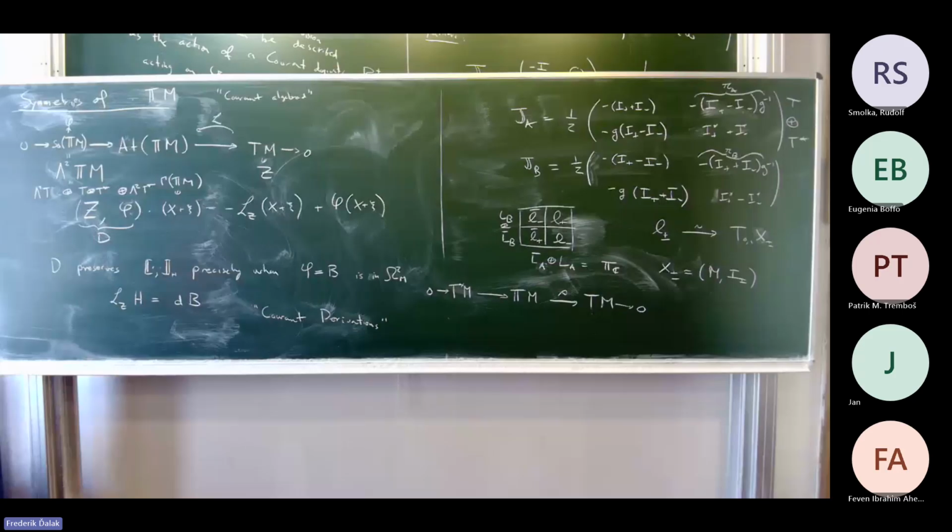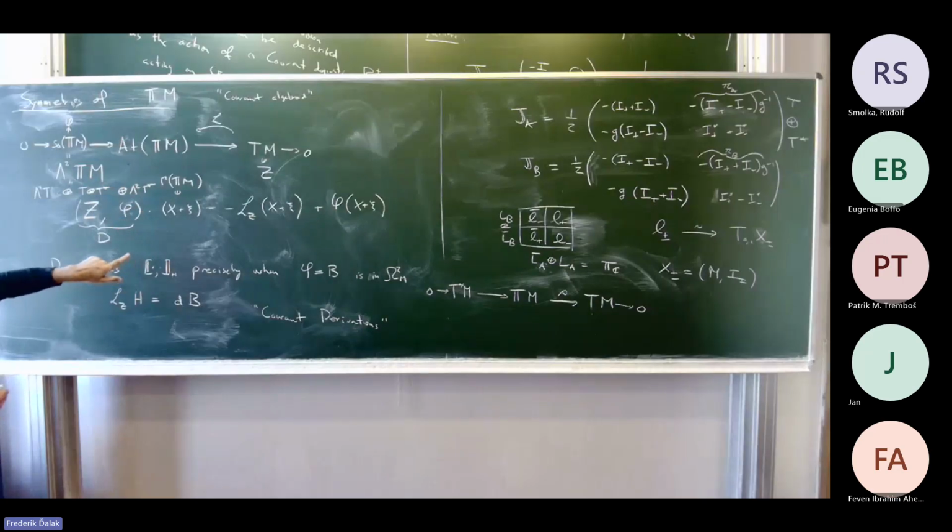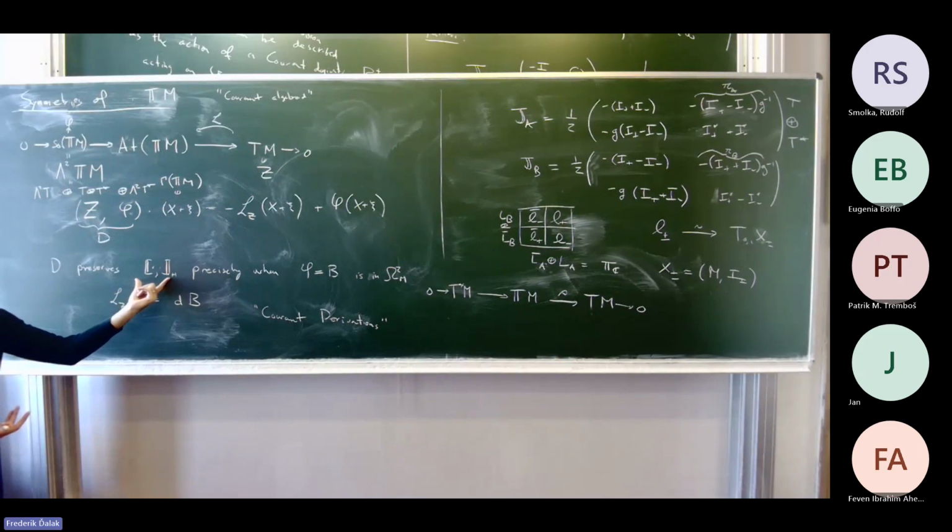And for that, this Atiyah algebroid is precisely the functions of degree 2 on the supermanifold. And the bracket gives you a differential on these functions. So you have some differential graded algebra. And D being in here preserves the bracket precisely when it's closed with respect to that differential.